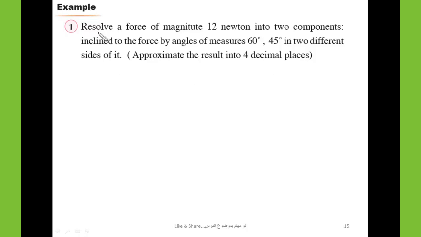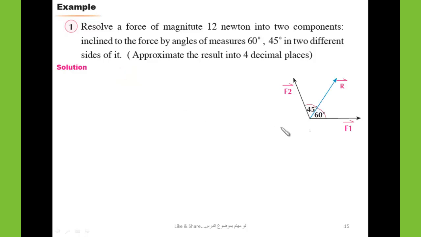Again, we have a force of magnitude 12 Newton and the required is to resolve this force into two directions, 60 degrees and 45 degrees with the force, and on two different sides of it.